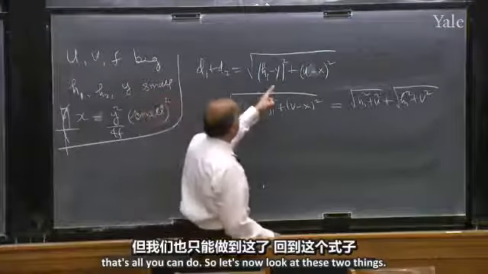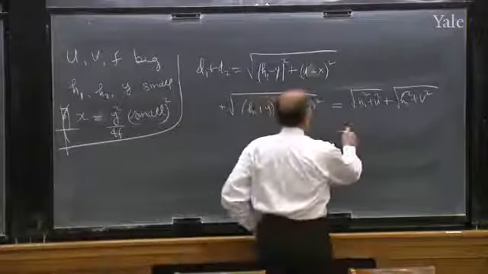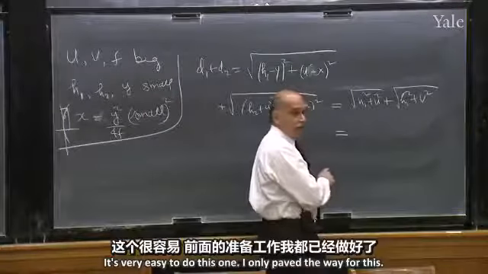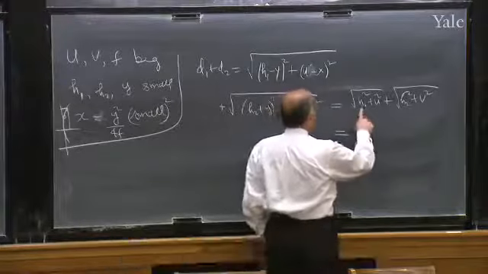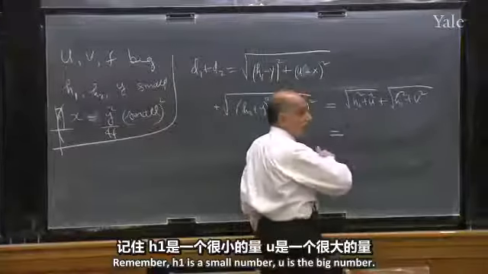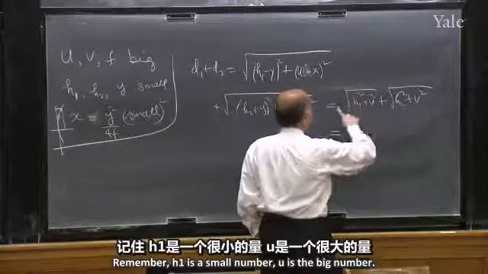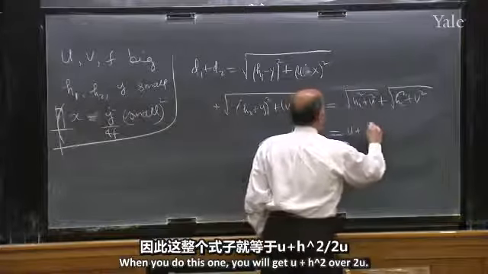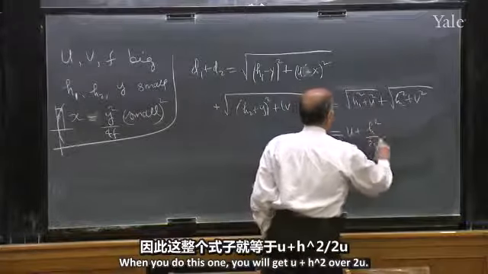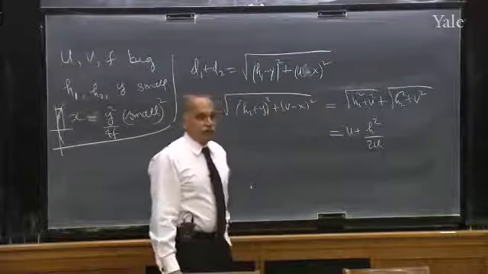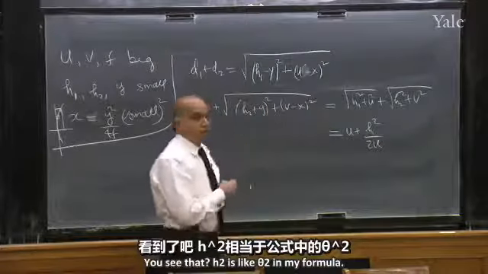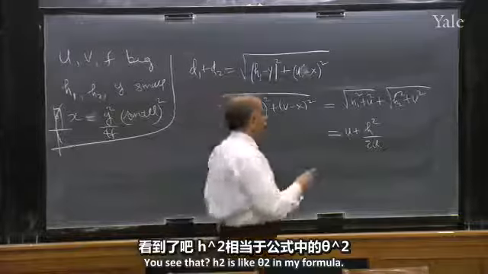So let's now look at these two things. Let me look at the right-hand side. It's very easy to do this one. I already paved the way for this. Remember, h1 is a small number. U is the big number. When you do this one, you will get u plus h1 squared over 2u. You see that? H squared is like theta squared in my formula.